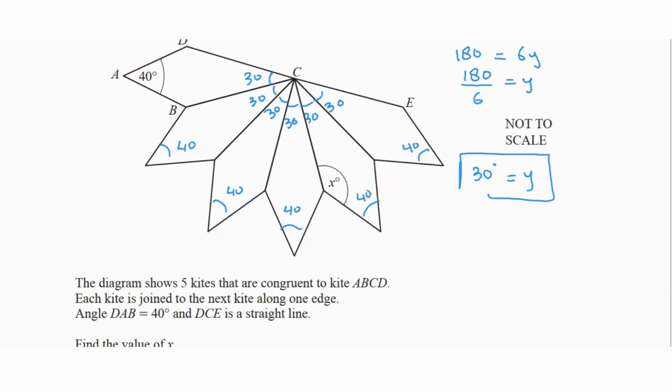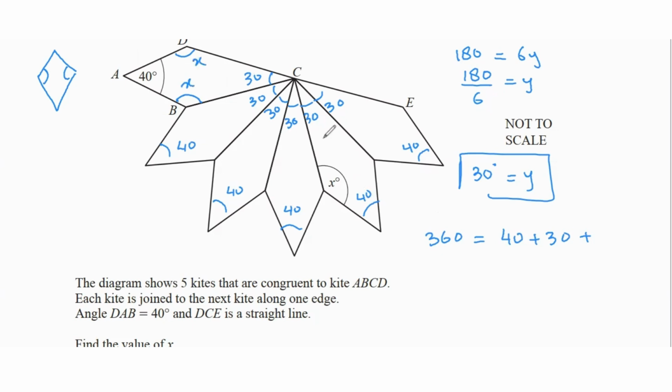Now, a very common property of the kite is that these two angles are equal. So if these two angles are equal, that means this is also going to equal this. To find these angles, we can put the sum of these angles equal to 360. Why? Because a kite is a quadrilateral, and for a quadrilateral, the sum of angles is always equal to 360. So 360 equals 40 plus 30 plus x and x.